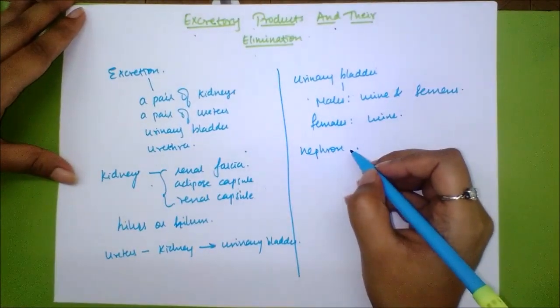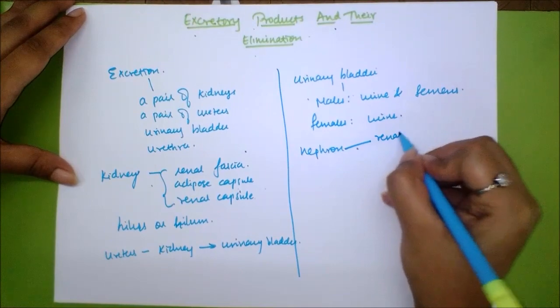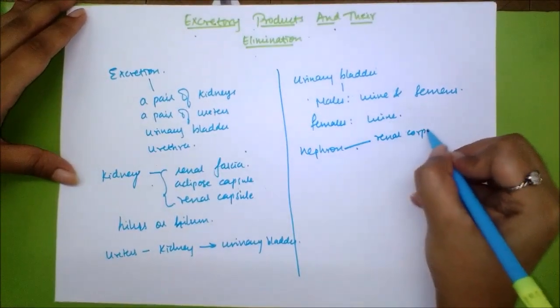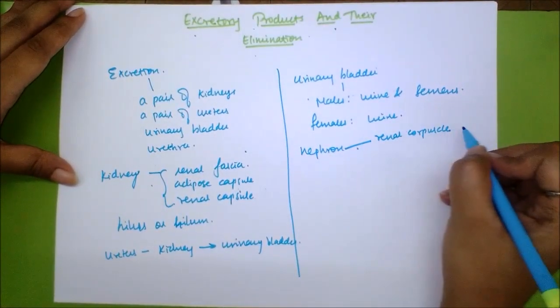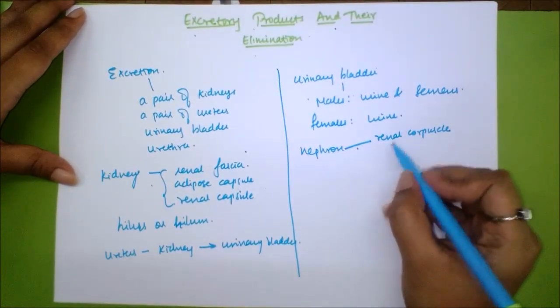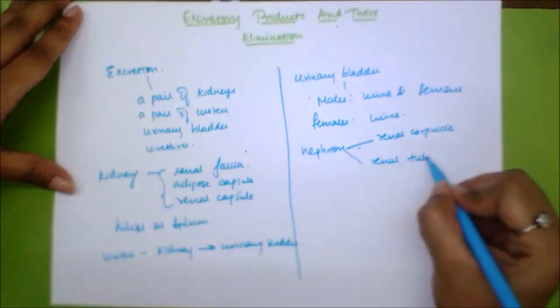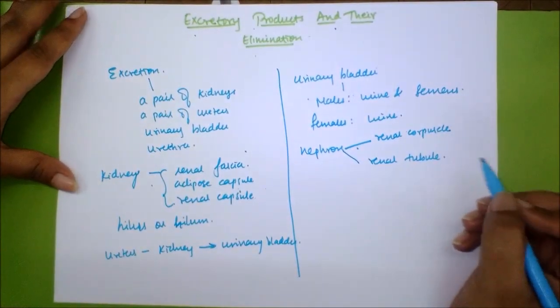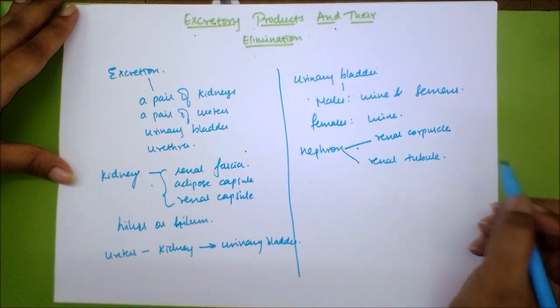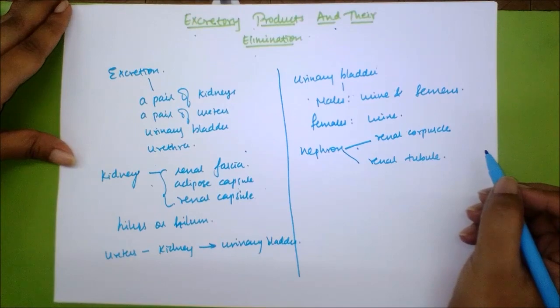An initial filtering component, the renal corpuscle or Malpighian corpuscle, and a long tubule, the renal tubule. The renal corpuscle filters out large solutes from the blood and delivers water and small solutes to the renal tubule for modification.